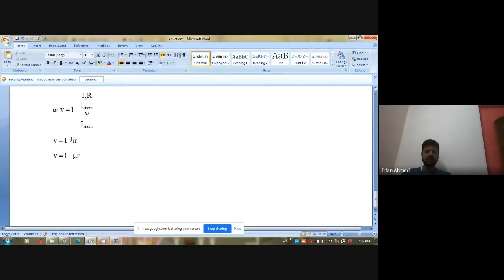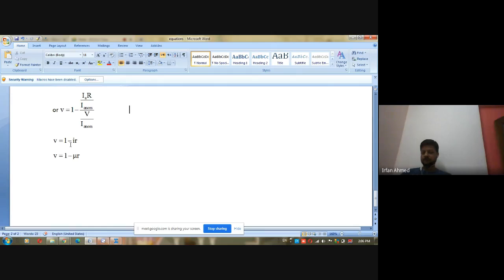Now, as you go on increasing the load, the value of I will go on increasing, the value of mu will go on increasing. As you go on increasing the load, the speed will go on decreasing. So this was the no load speed, 1. This is the drop in speed in per unit. The actual speed is equal to the no load speed minus the drop in speed in per unit.